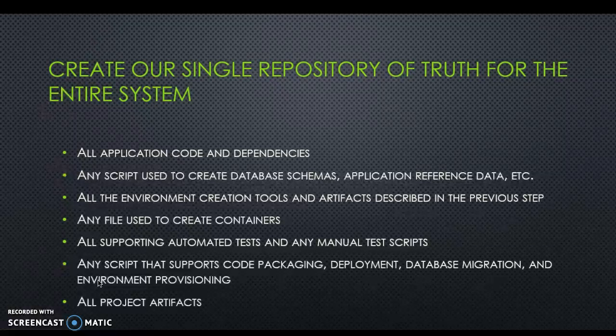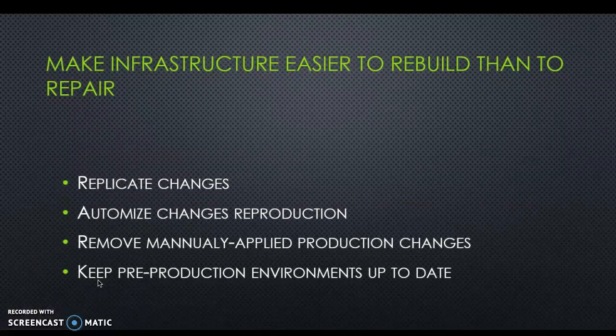So the point is that everything is going to be inside one repository of truth. It is going to have the entire system in it, and it involves any application code and dependencies, scripts, environment, any file used to create containers, all supporting automated tests, and so on.